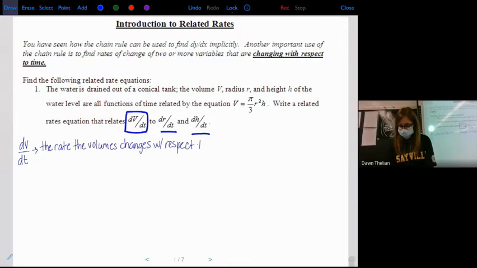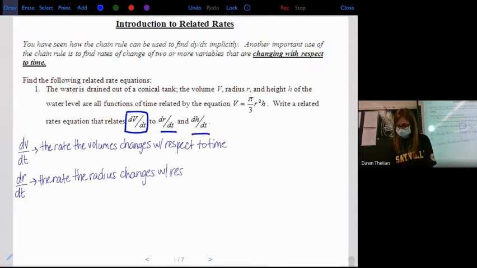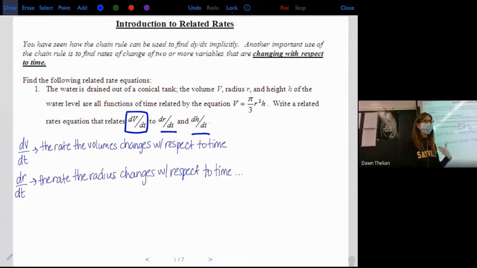And then dr dt is the rate variable. So it's the rate the radius changes with respect to time. And so on. dh dt would be the rate that the height is changing with respect to time. I'm not going to write that one out because now we get the idea. The related rates variables are the rates of change.